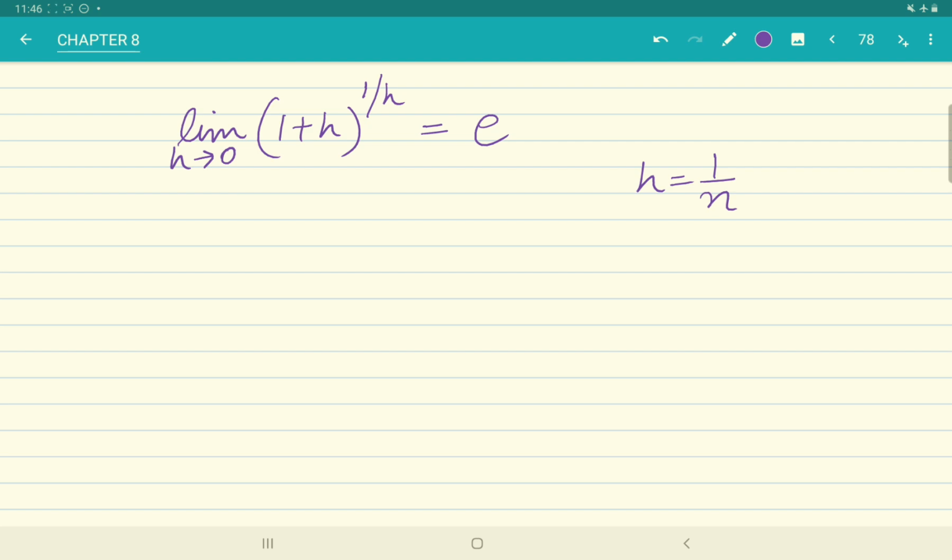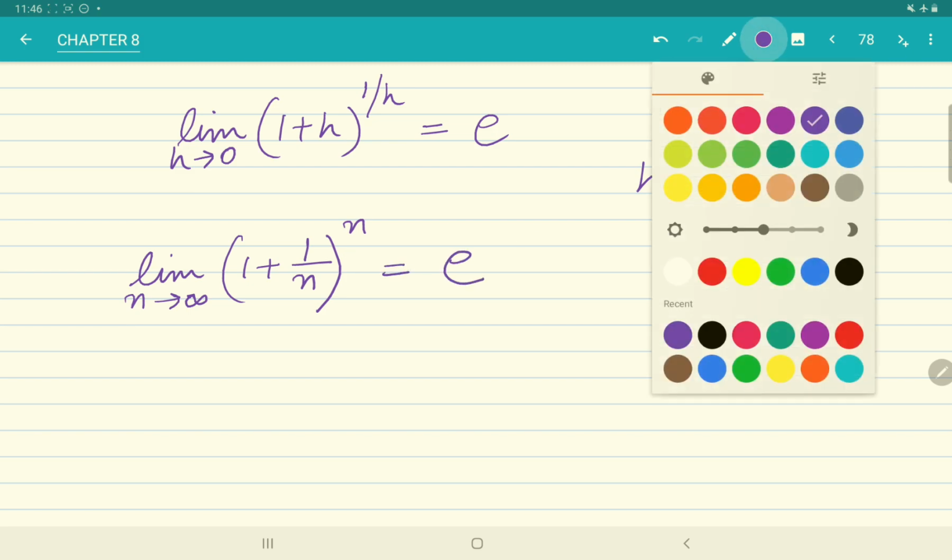Given that, I can now write limit, instead of h tending to 0, I can now write n tending to infinity. 1 plus, instead of h, I write 1 by n. And now instead of 1 by h, I write n. So that means I have this.